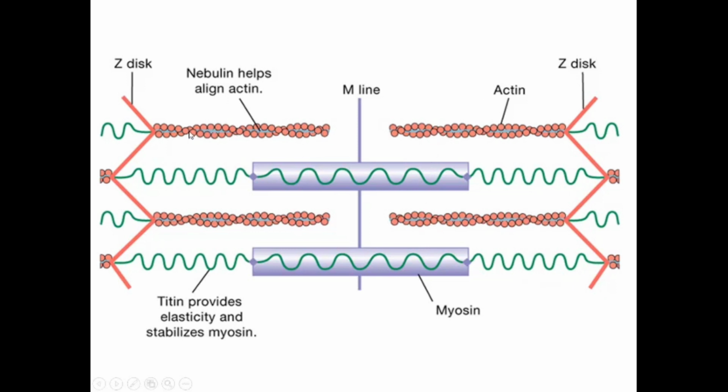But nebulin prevents this polymerization and determines the appropriate length of the thin filament.